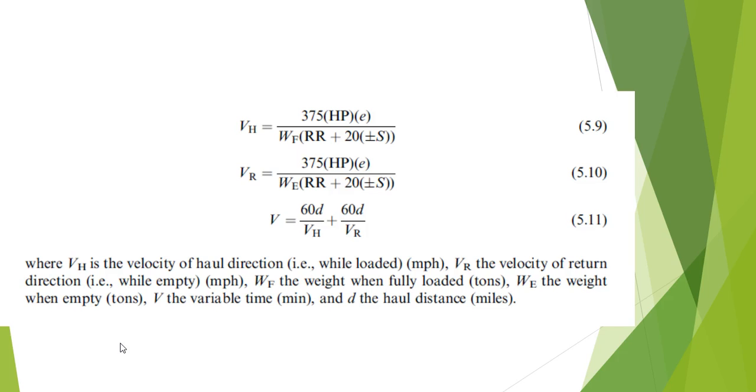WF is the weight when fully loaded, and WE is when it's empty. V is the variable time distance that we just looked at a second ago, and D is the haul distance in miles, so you're able to get the velocities again, and the variable time that goes with those two particular velocities, VH and VR.